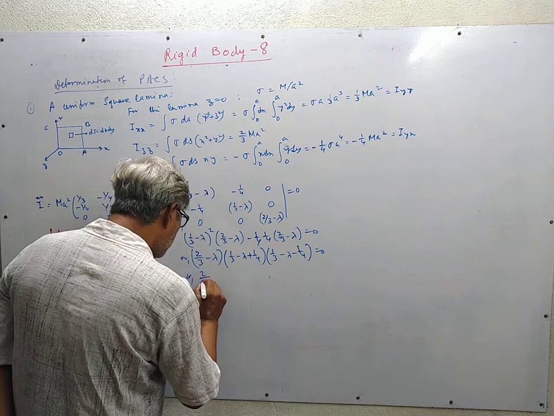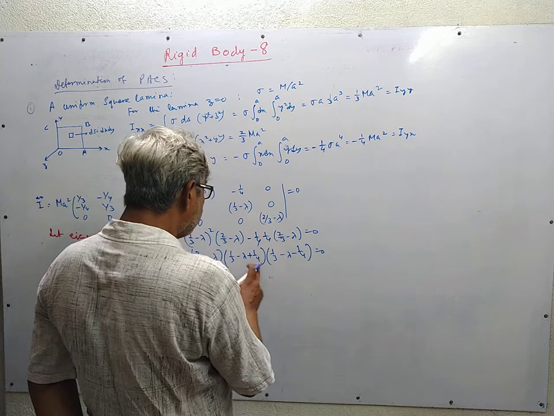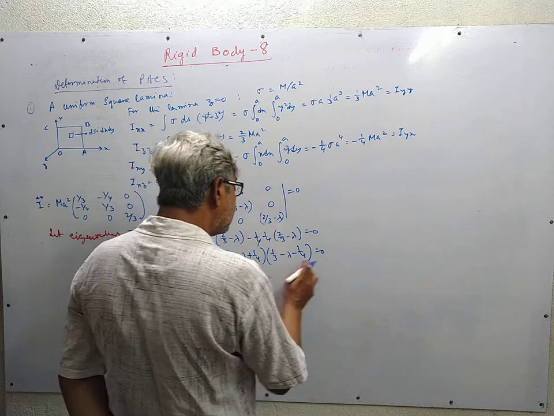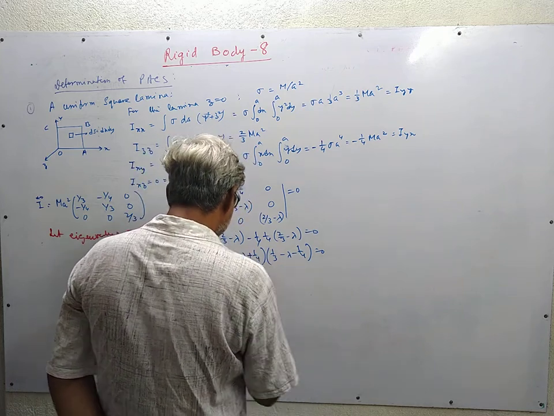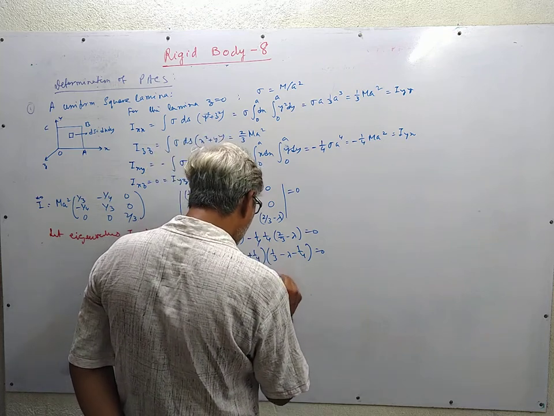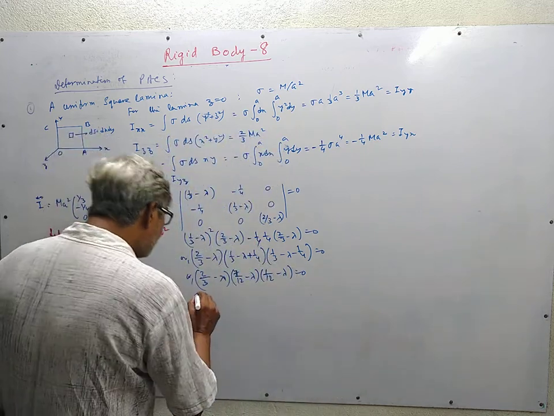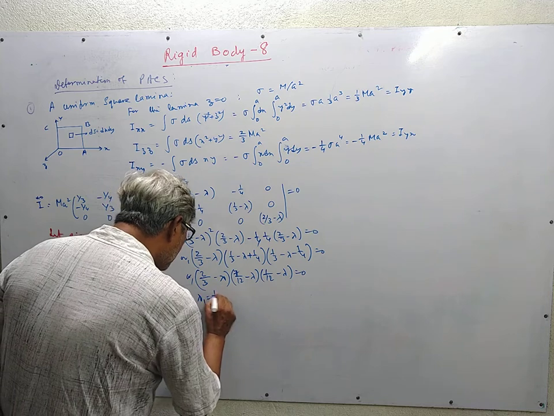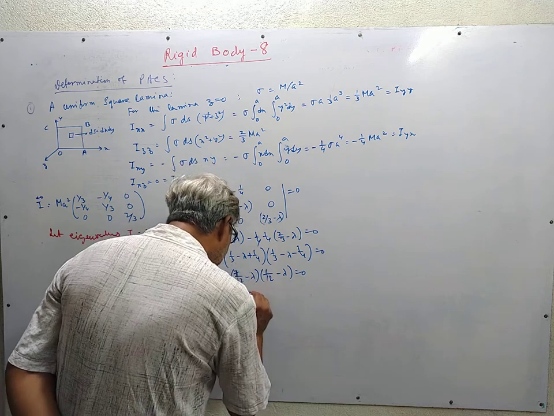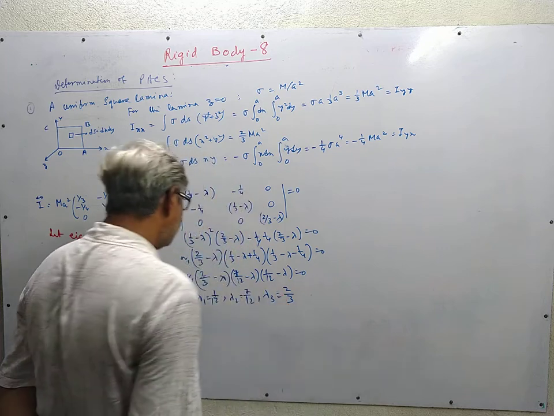Or 2 by 3 minus lambda, this part is 7 by 12 minus lambda, and this is 1 by 12 minus lambda, is equal to 0. So the lambda values are lambda 1 is equal to 1 upon 12, lambda 2 is equal to 7 upon 12, and lambda 3 is equal to 2/3.